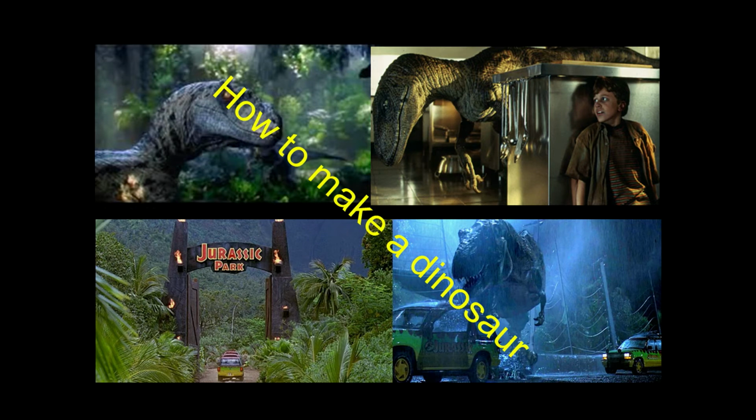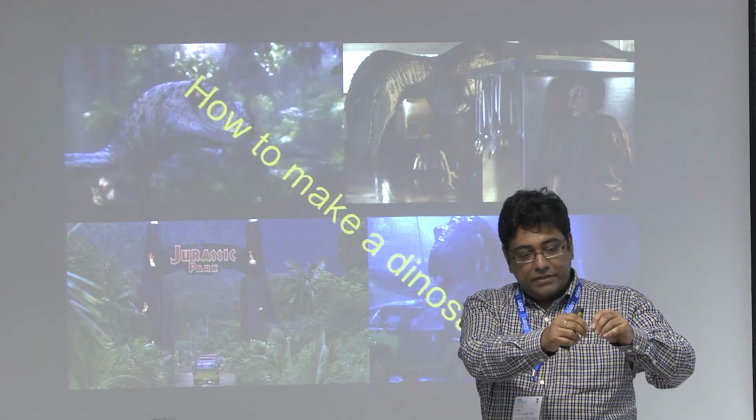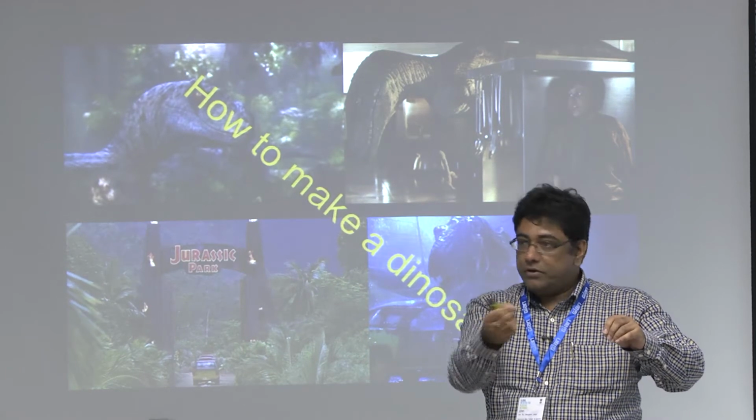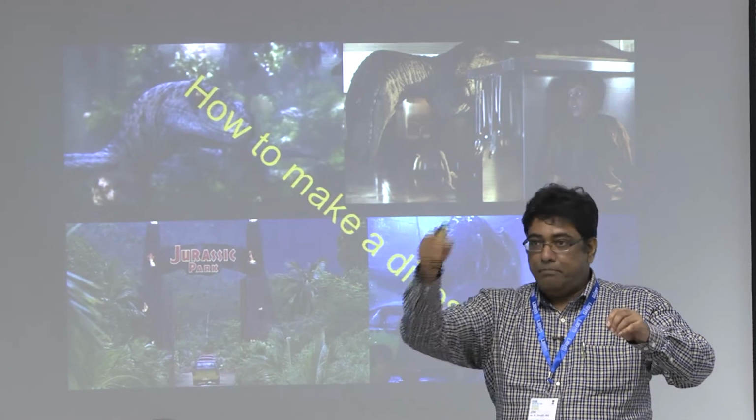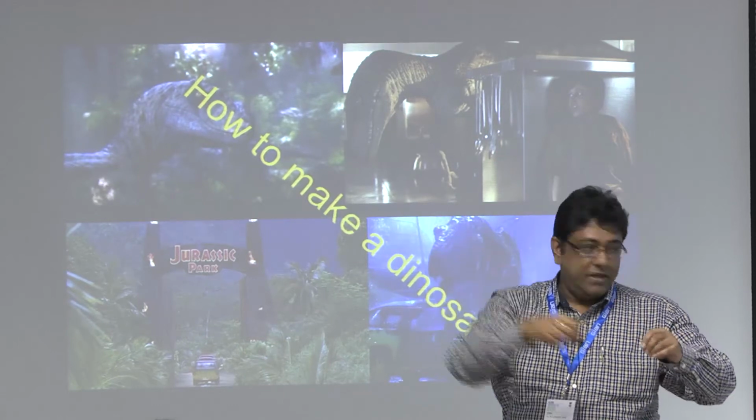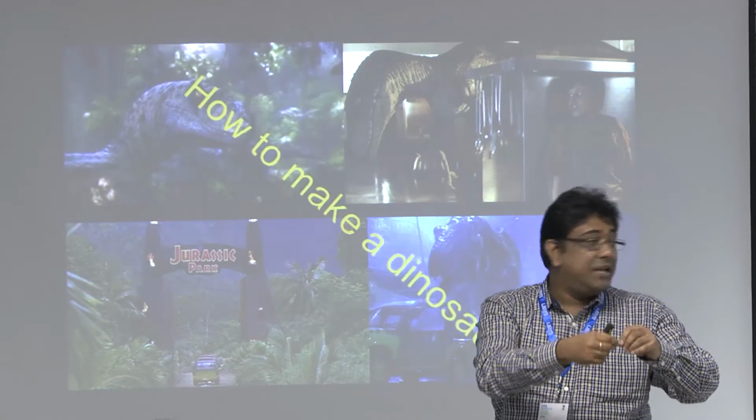If anybody actually read this story of Jurassic Park, from 1986, Michael Crichton wrote that they found dinosaur DNA from the blood of a mosquito inside amber, and then they sequenced the whole genome.